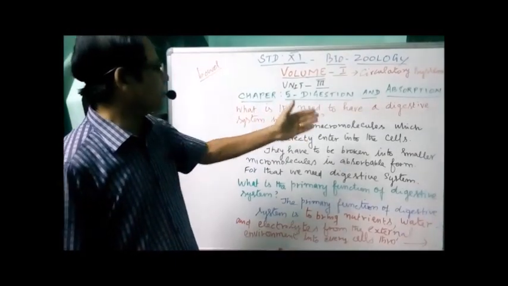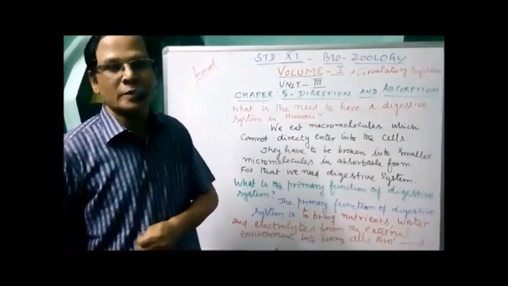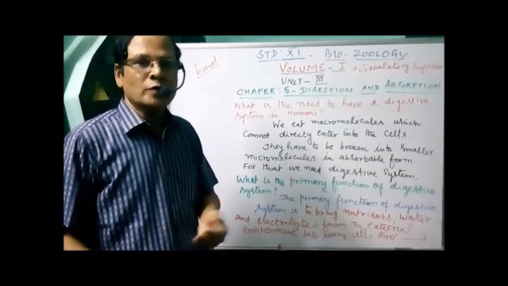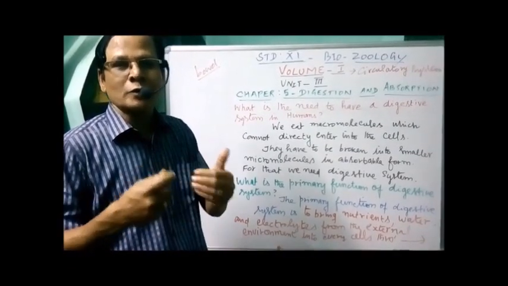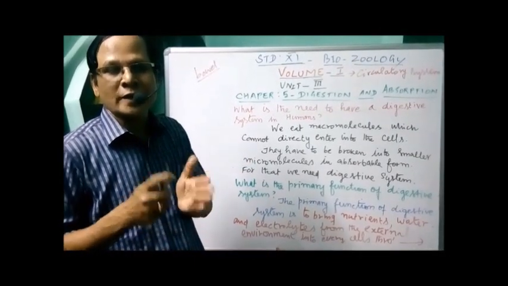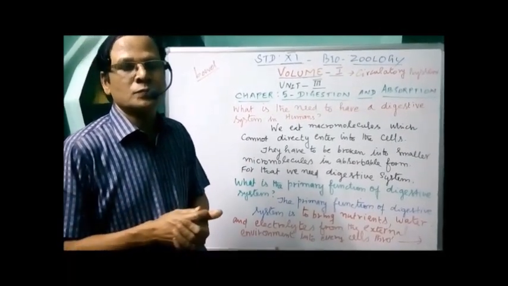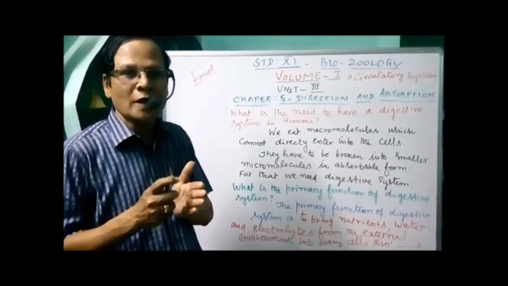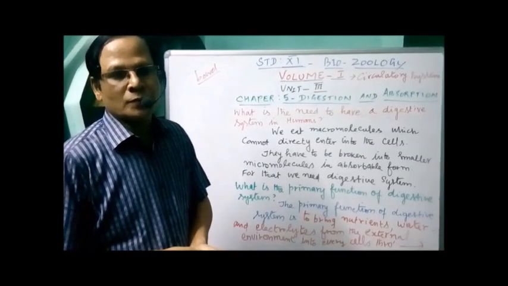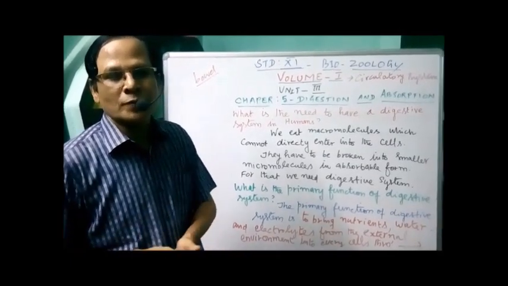But what is the need for a digestive system in humans or animals? The reason, as I mentioned already, is that we are eating complex macromolecules. These large molecules cannot directly enter the cells. So they have to be broken into smaller micromolecules in absorbable form.